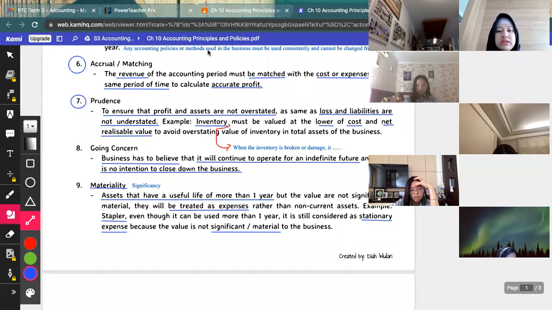I have a question from Warren. For the historical cost, is it the same price for all 3 accounting periods, all 3 years, listed in SOFP? The price at which the property is bought? Yes, correct.